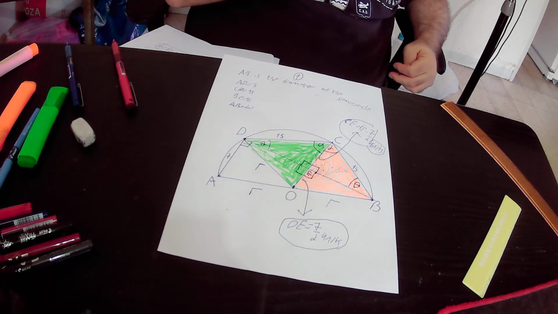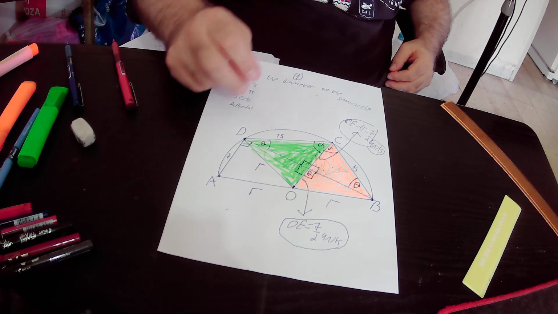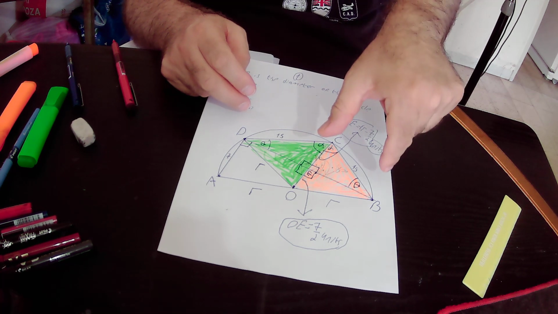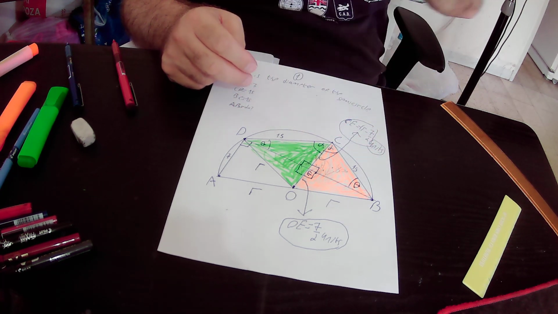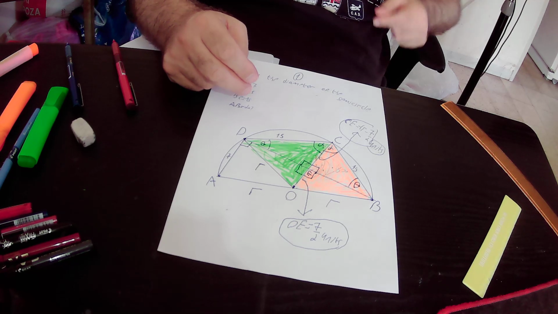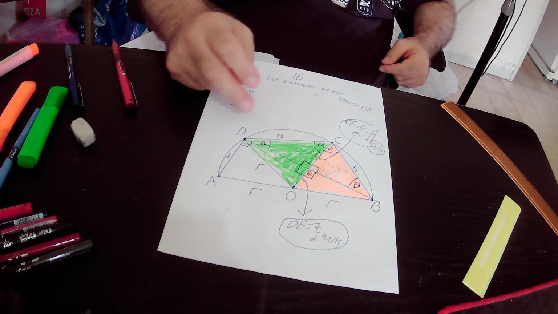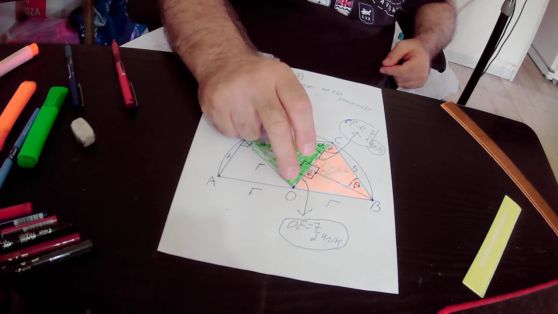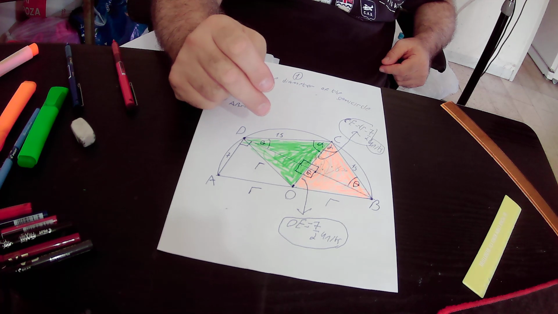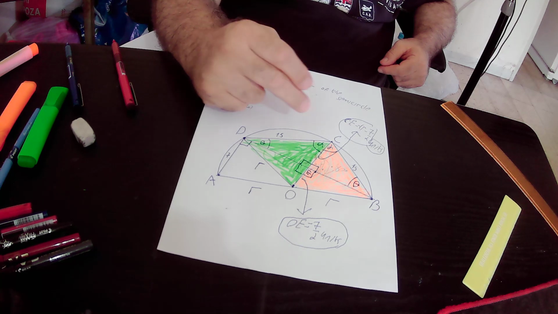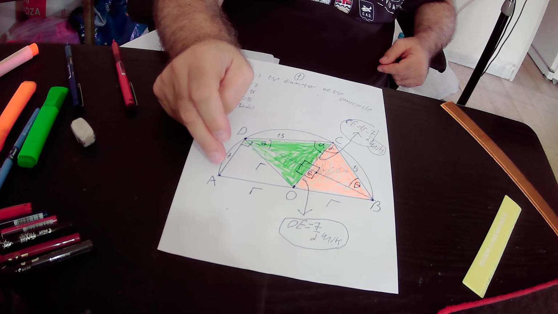And actually sides DO, OB and OA are all the radiuses of this semicircle, because they exit from the center of the semicircle, that is to say from point O, and end at a point on the circle, whether it be point D, point C, or point A. All the points are points on the semicircle itself.